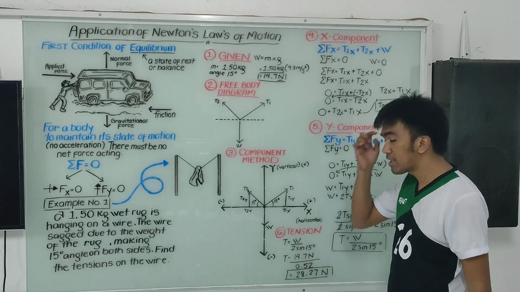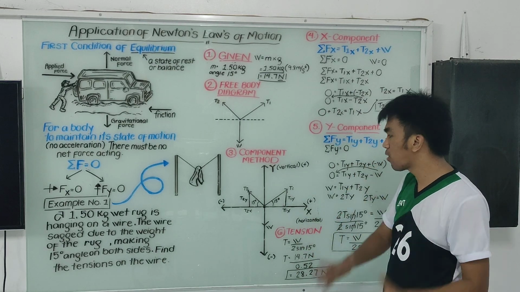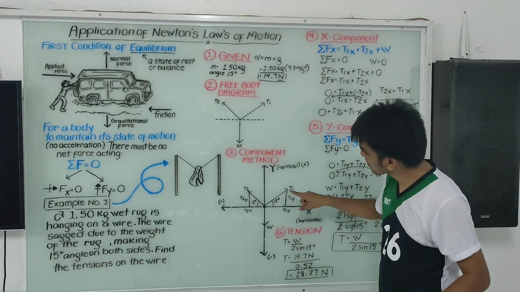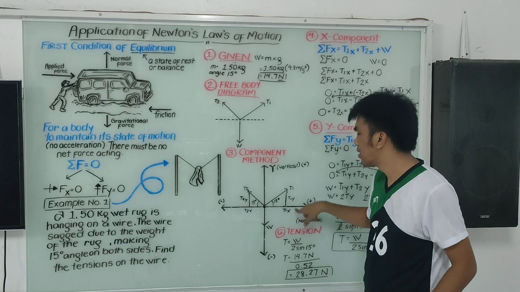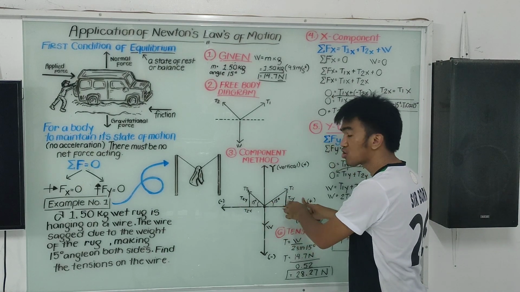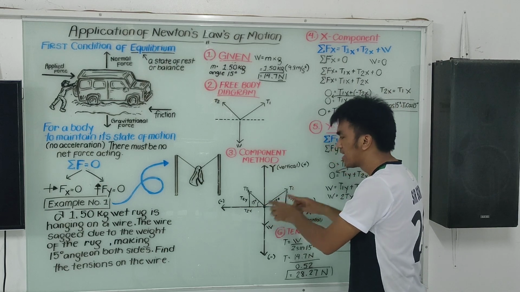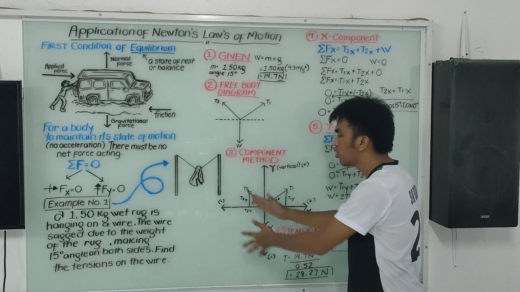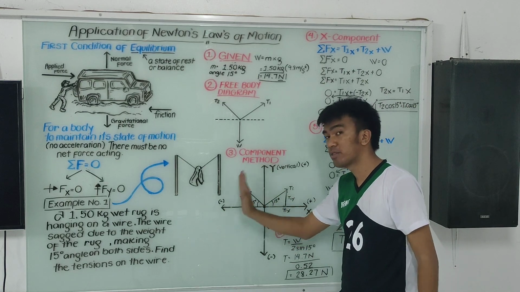Now, we also identified all the y components. So we draw lines here. Since this is a y component, it's vertical. This is tension 1, T1y, vertical, and this is tension 2, T2y, also vertical.